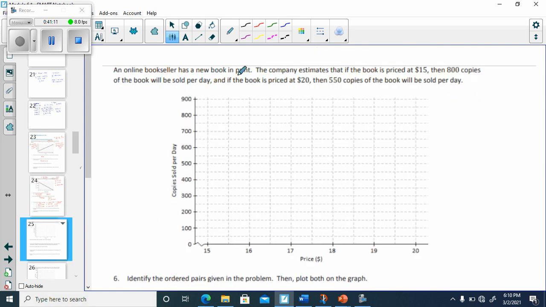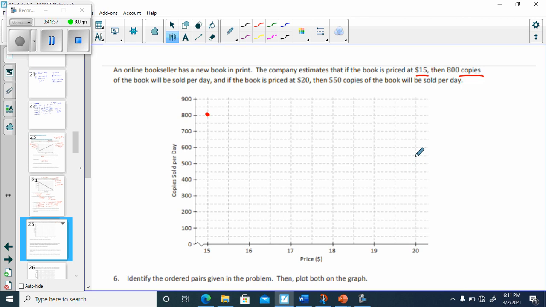An online bookseller has a new book in print. The company estimates that if the book is priced at $15, then 800 copies of the book will be sold every day. So if it's priced at $15, 800 copies would be sold. I'm going to put a point there. They gave me a point. And if the book is priced at $20, then 550 copies would be sold.